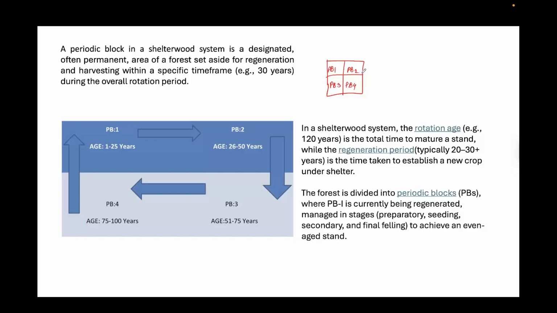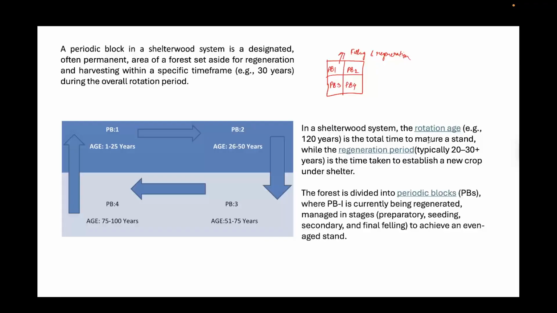You divide the area of the forest into 4 different blocks, and you treat one block at a time, say PB1 for felling and regeneration, such that the shelter wood system is maintained with consecutive felling and regenerations in different areas of the forest, and a permanent or designated area of the forest is set aside for regeneration and harvesting within a specific time frame of the rotation age of the plant.